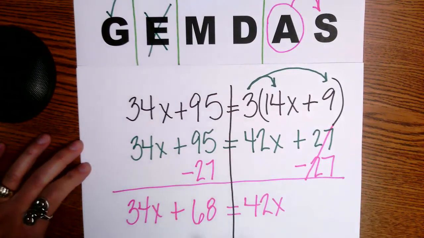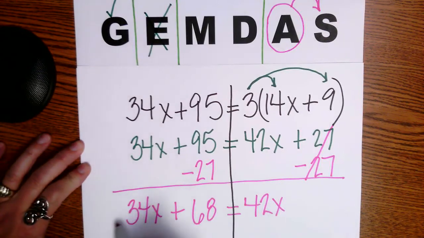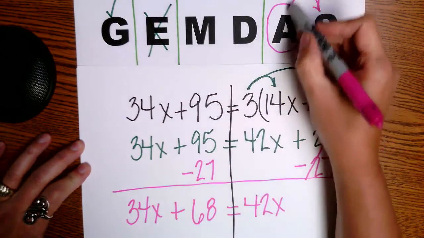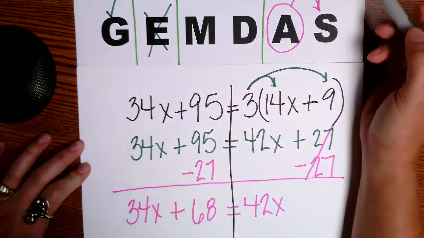Now, by the same means, I need to combine my x's, and so I need to move the 34x from the left side of the equation to the right. And again, if I don't have a symbol there, then it's addition. I need to do its inverse operation, which is subtract.